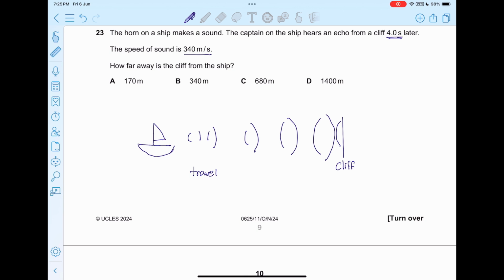After that, it'll come back to the ship, and so that's another distance. Basically, it travels twice the distance. So the time can be divided by 2. 4 divided by 2 is just 2, and multiply that with the speed of the sound, 340, and you should get 680. So the answer is C.